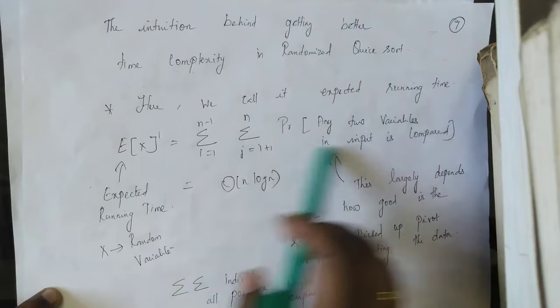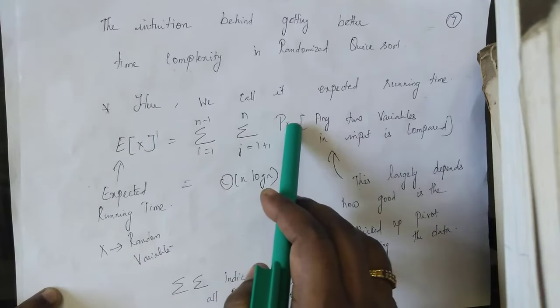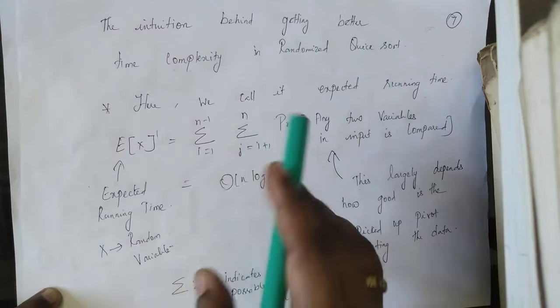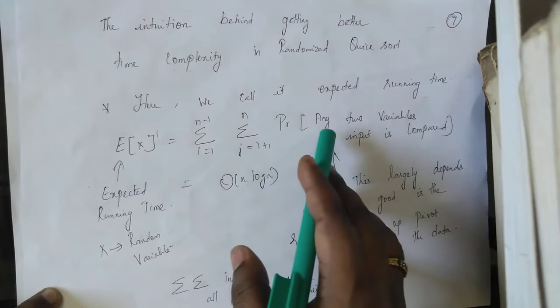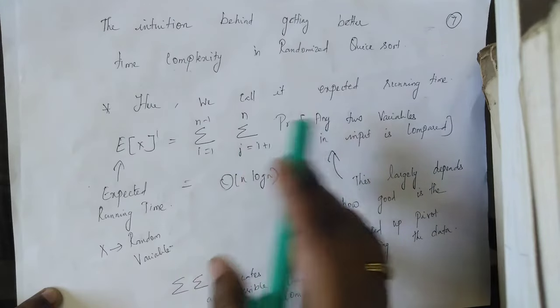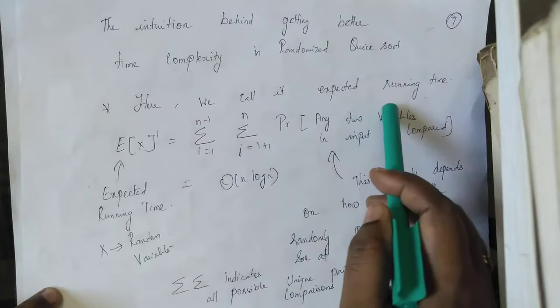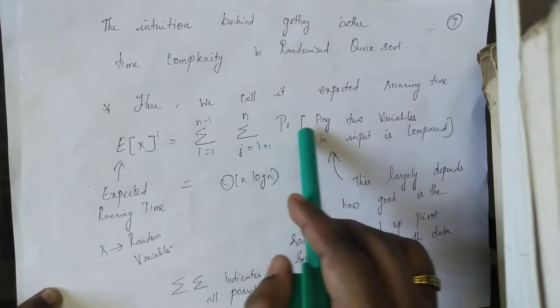So we have the array, and we said we are going to randomly pick the pivot element every time. So what is the total number of times we are making a comparison between any two elements chosen from the array? Given n inputs, what is the total number of times any pair of elements is compared?